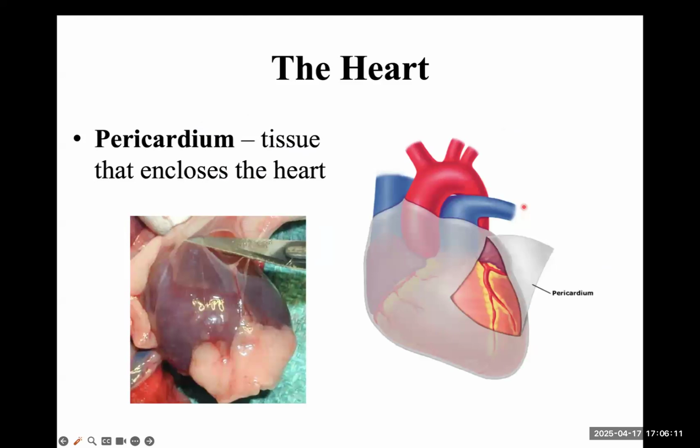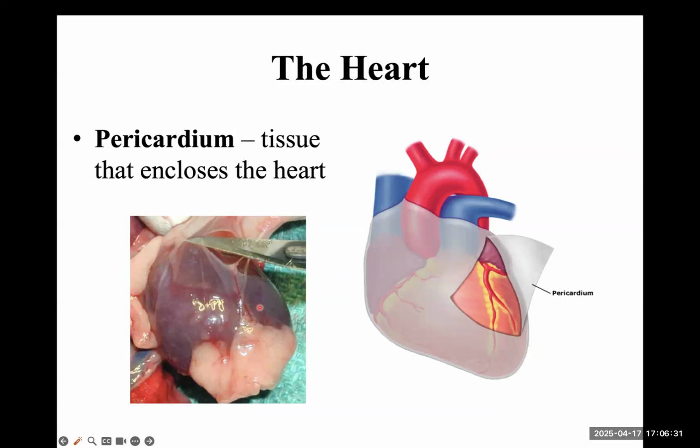So this is what it looks like. You got your pericardium, the parietal pericardium. However, it's very difficult to tell them apart like this. Anyways, you got your pericardium that's been cut right here, and this could be a human heart.